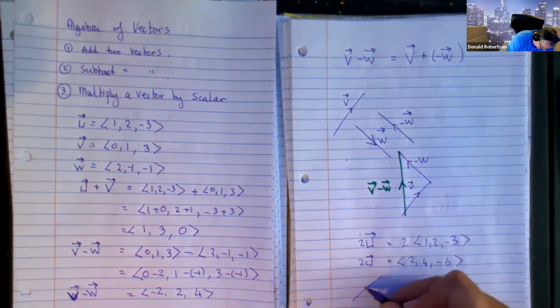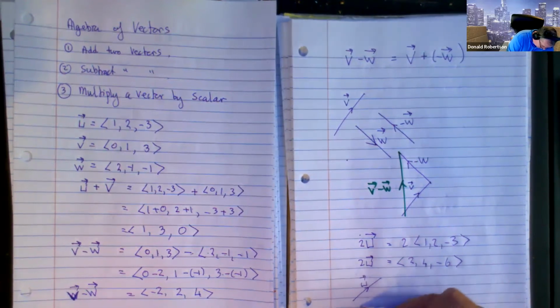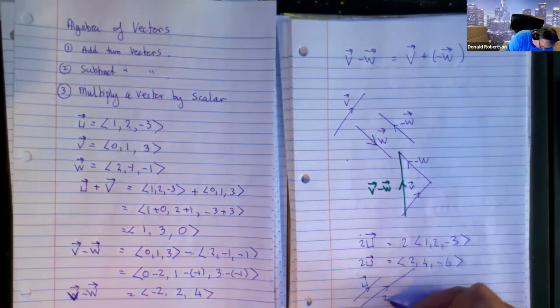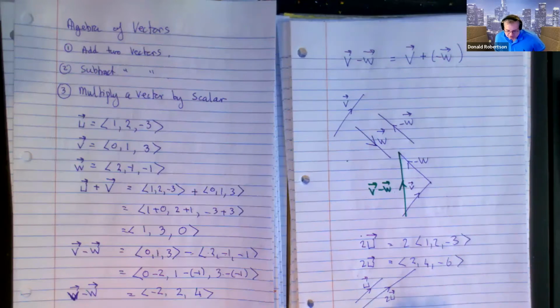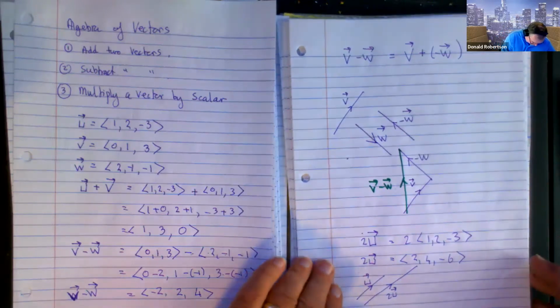If that was the vector U, the vector 2U would just be parallel to it, but twice as long. Any questions, or does that make sense? Any scalar multiple of a vector just gives you another vector, in this case twice as long as the original.